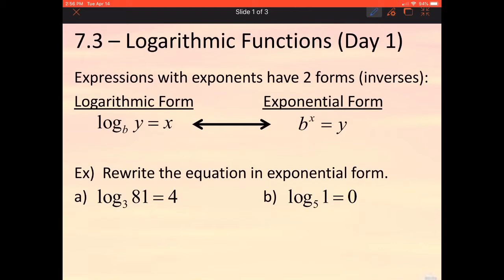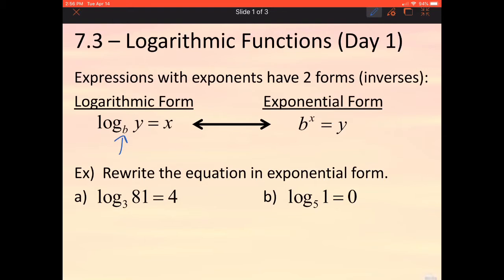If you notice on the left in the log form, we have log, L-O-G, that's our abbreviation. And then we have this b number. It is small, it is a subscript. That's how we're going to write it. That's the base of our log. And then we have log base b of y equals x.